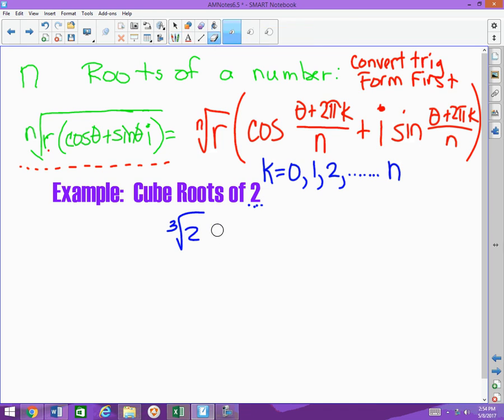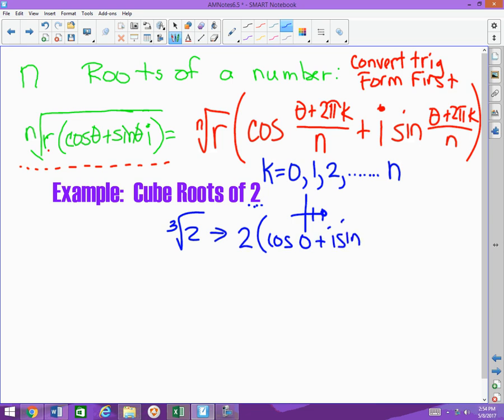So first convert 2 to trig form, and 2 in trig form would be that value right there, which is absolute value 2, and then the cosine of 0 plus I sine 0.